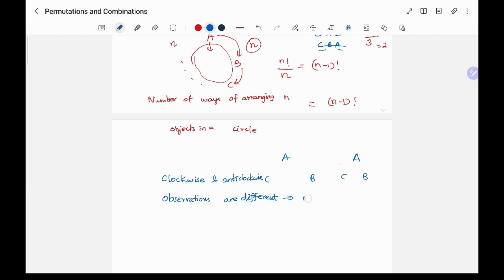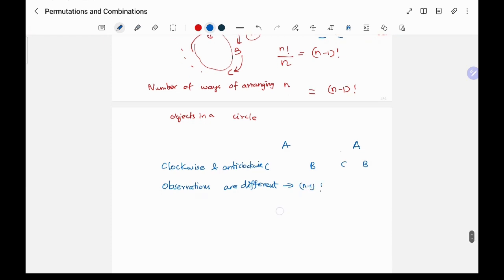Then we got n minus 1 factorial. If they are the same, like if there is no difference between left and right, then how much will we get? We need to just divide by 2, because for every left there will be one right. So it is n minus 1 factorial by 2. Simple only.